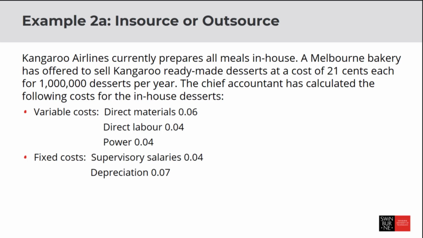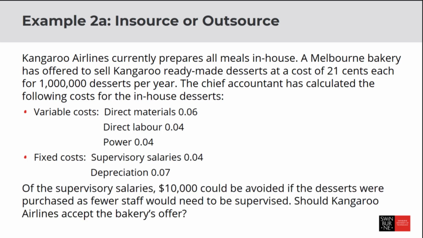Fixed cost, 2 items: supervisory salary 0.04, depreciation 0.07. Of the supervisory salaries, 10,000 could be avoided if the desserts were purchased, as fewer staff would need to be supervised. Should Kangaroo Airlines accept the bakery's offer?